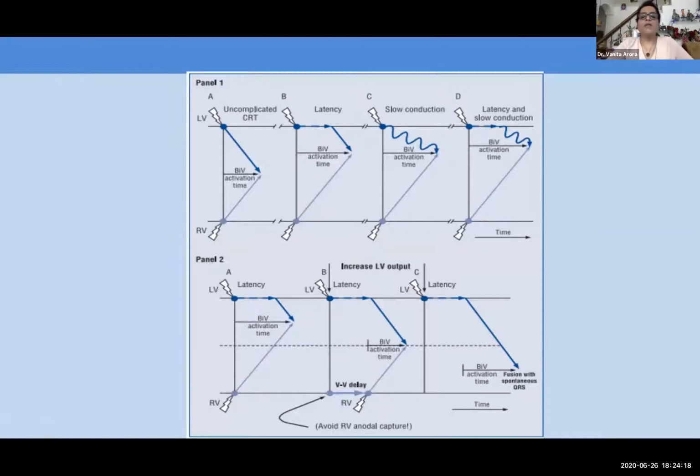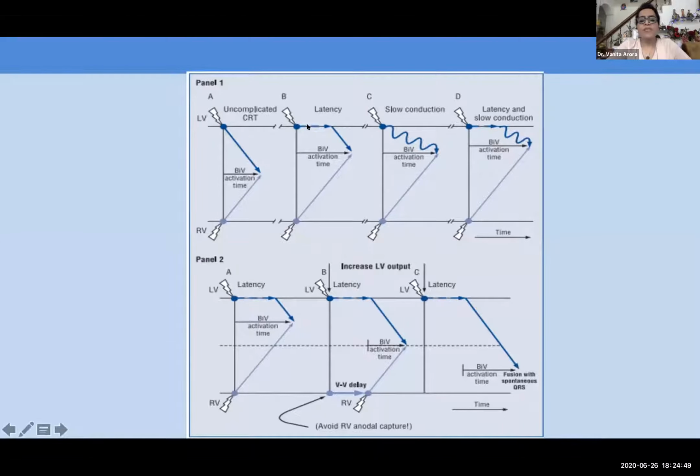It is the time from the pace stimulus to the initiation of the paced QRS. The latency occurs more with LV pacing than RV pacing, because the LV pacing is done from the coronary sinus vein. It is an indirect stimulation, and there is a long distance from the electrode to the subendocardial His. The sequence of activation is from the epicardium to the endocardium, so there is prolonged refractoriness, hence resulting in latency.